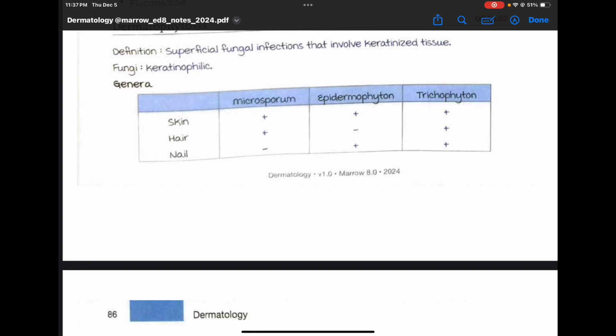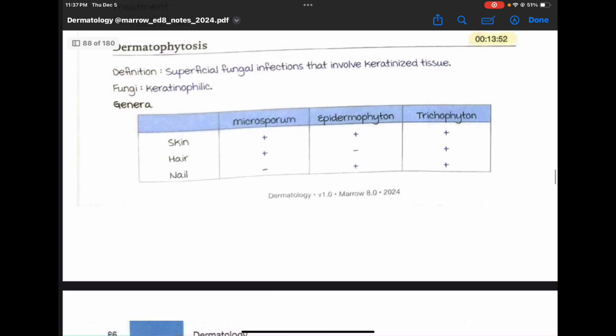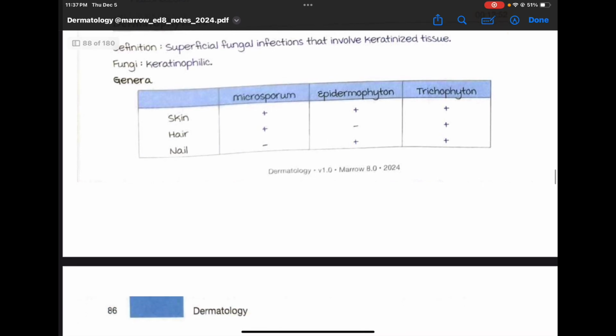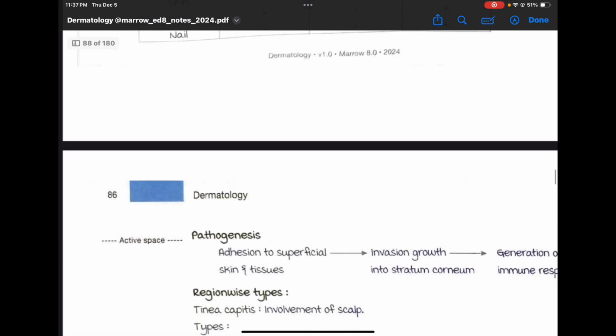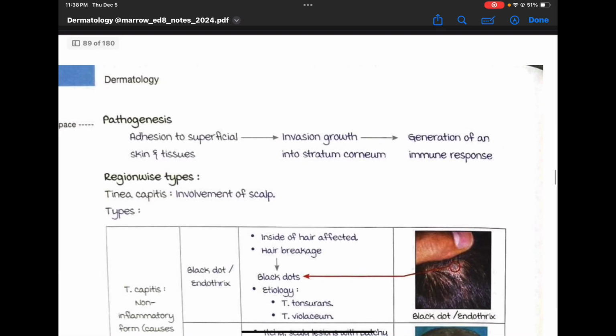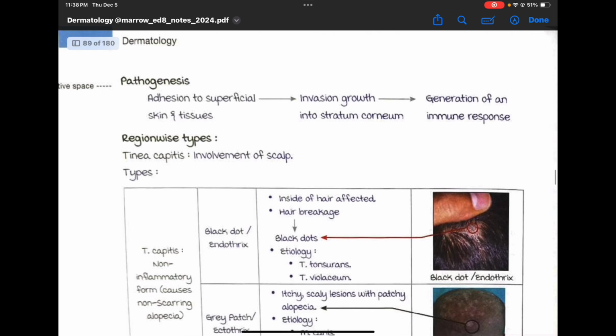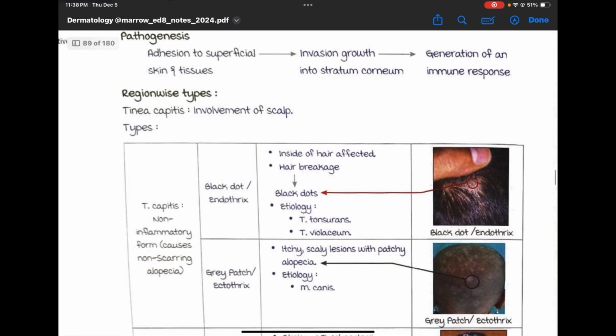So skin, hair and nail, all three fungi affect skin, and then you just have to remember that Microsporum doesn't infect nail and Epidermophyton doesn't infect hair. That's all you have to remember. Pathogenesis: addition to superficial skin and tissue, invasion, growth into stratum corneum, generation of an immune response.